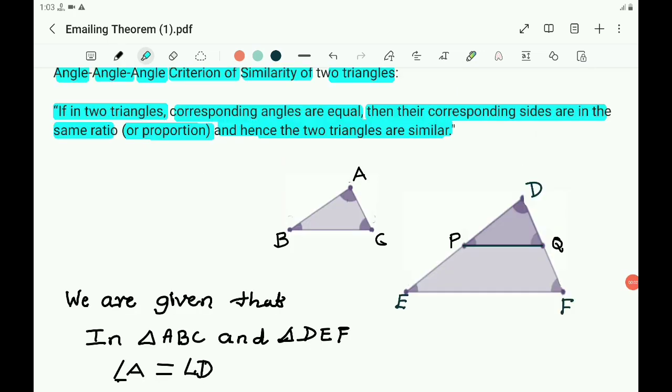Write that sentence here. In the next step, we have to prove that triangle ABC is congruent to triangle DPQ.